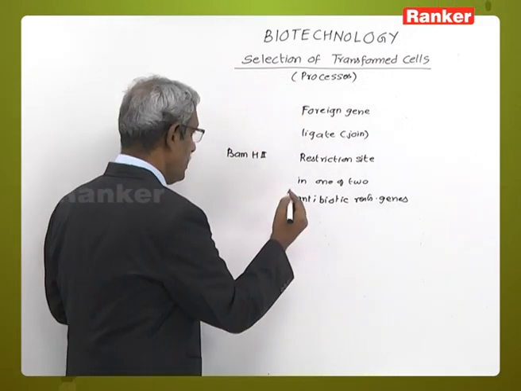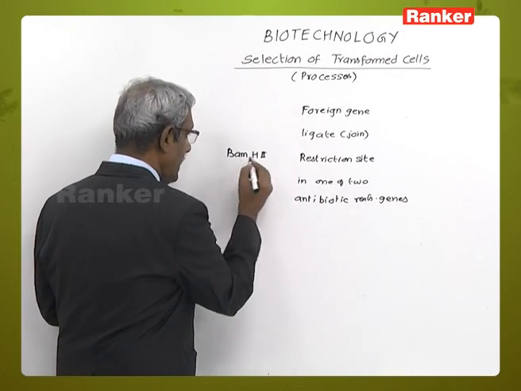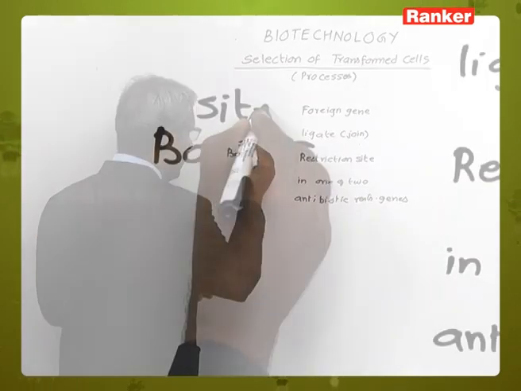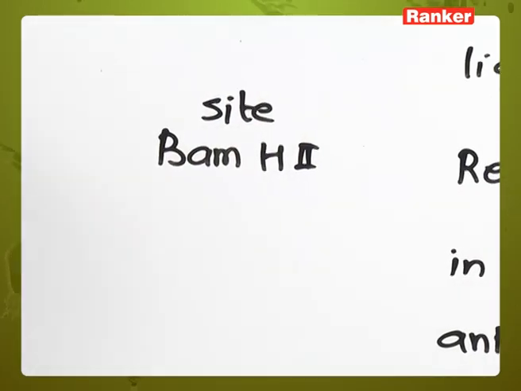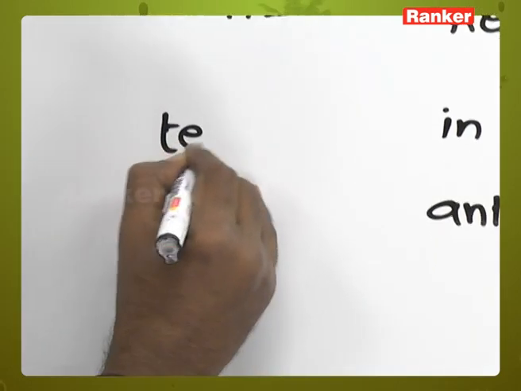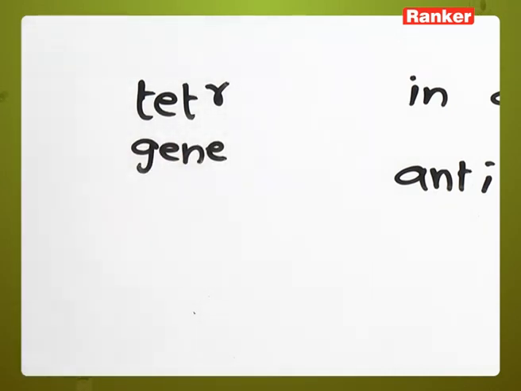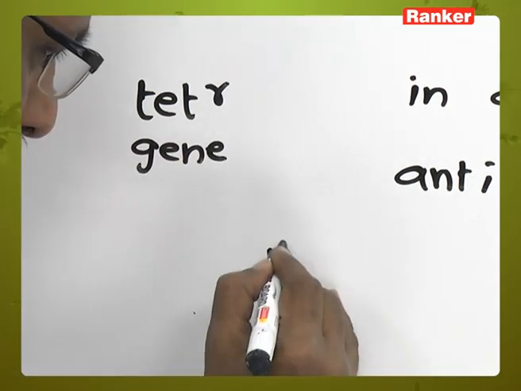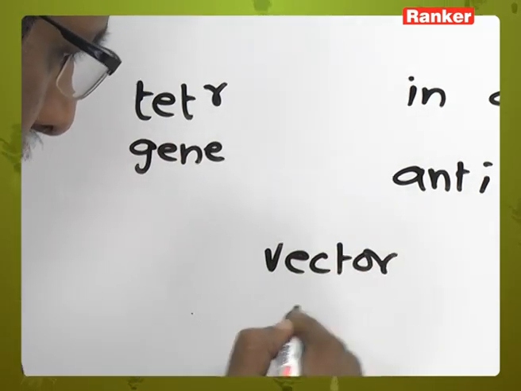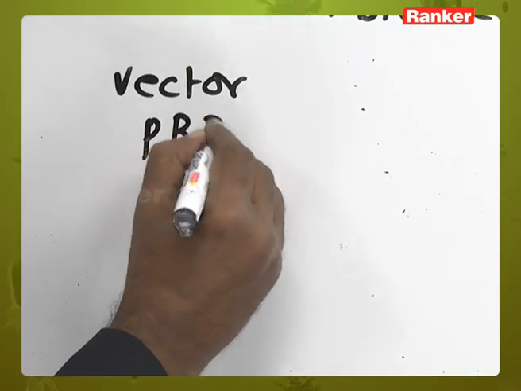So, it is ligated at the site of BamHI, especially in the TET gene, the tetracycline resistant gene, in the vector which is termed pBR322.